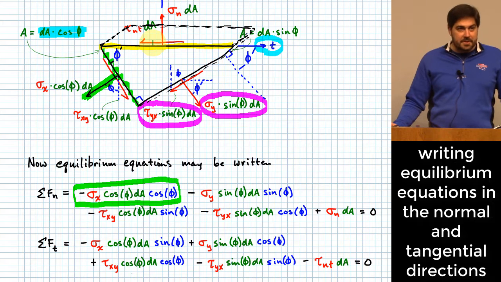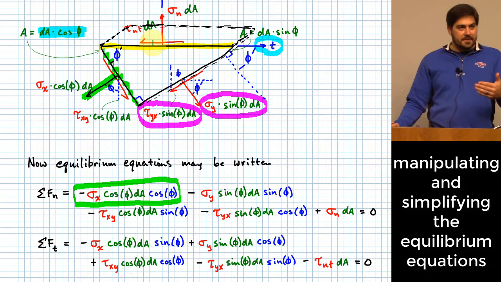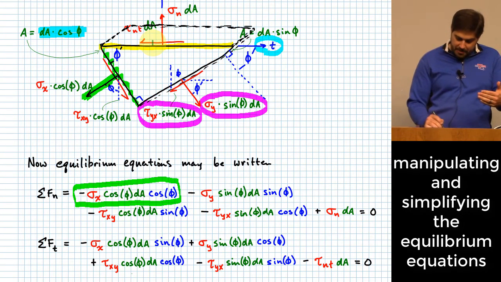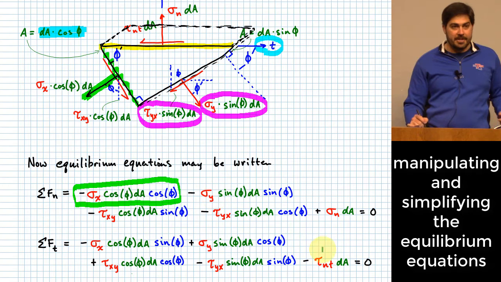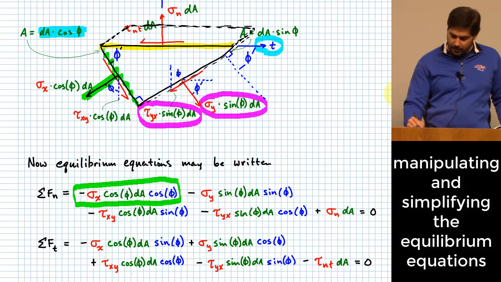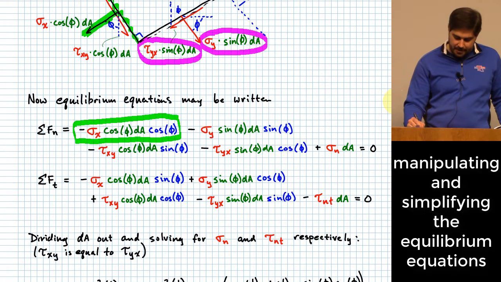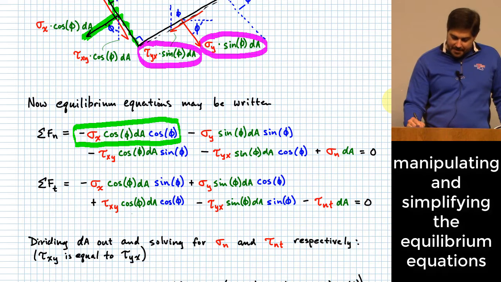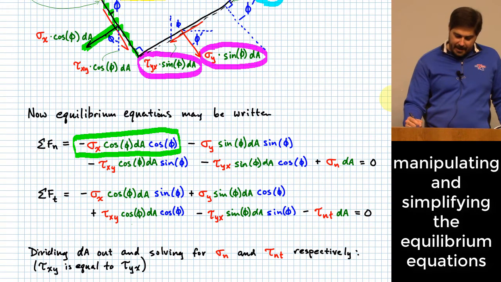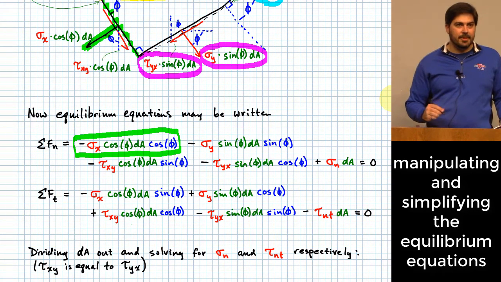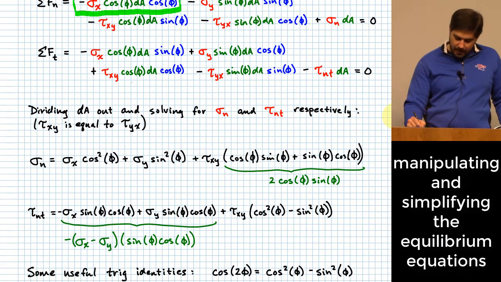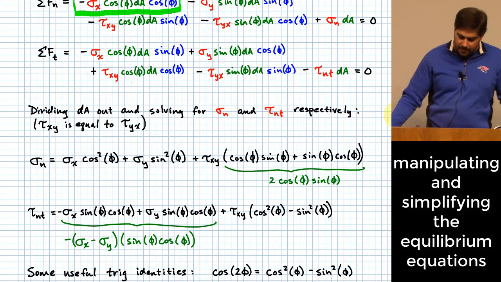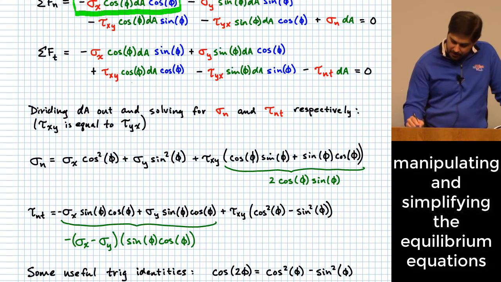This is the starting point. Now we have relationships that allow us to relate sigma x, sigma y, tau xy, sigma n, and tau nt. We have two relationships basically there. Since everything has dA in it, we can now divide it out of the whole expression. What that leaves me with are two expressions that look like this.